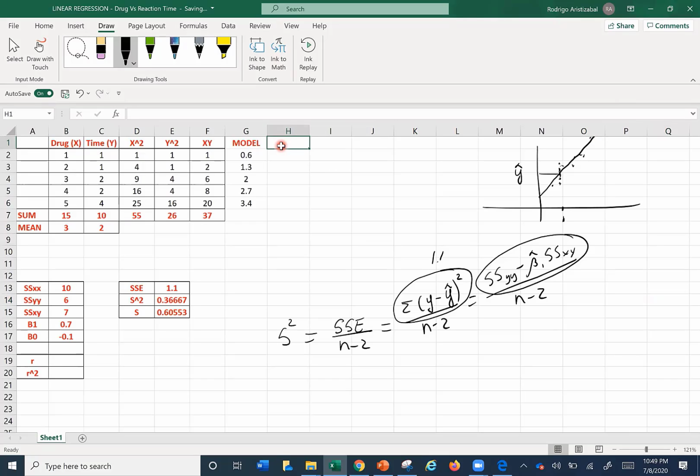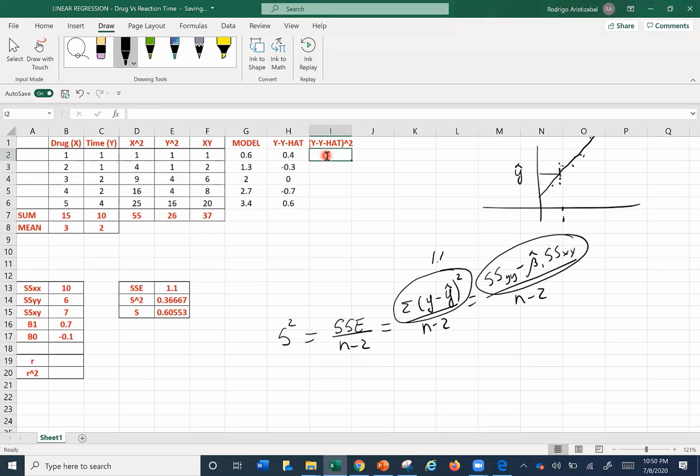If we obtain y minus y hat, then we have y minus the expected value for y when x is equal to 1, and we can copy this formula here. Also, we can obtain y minus y hat squared, raised to the second power.